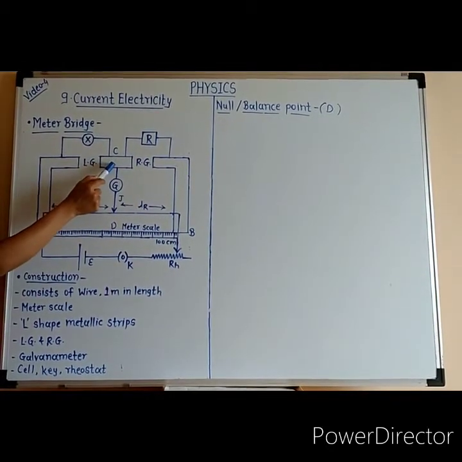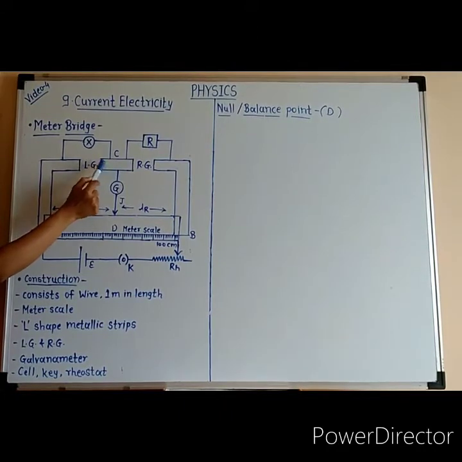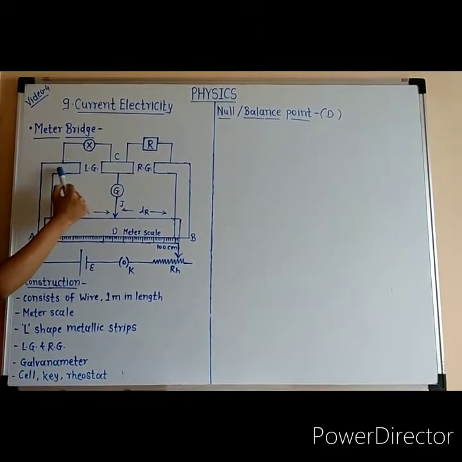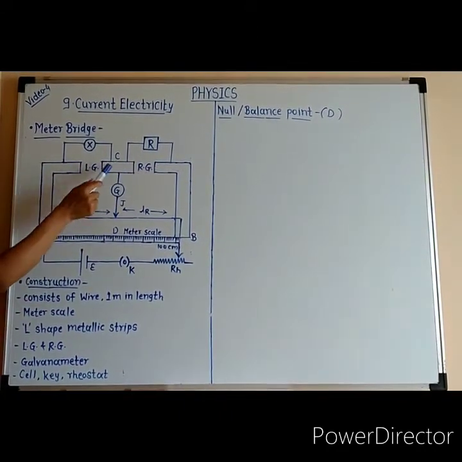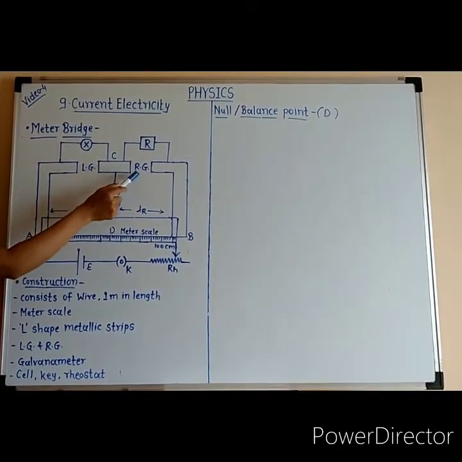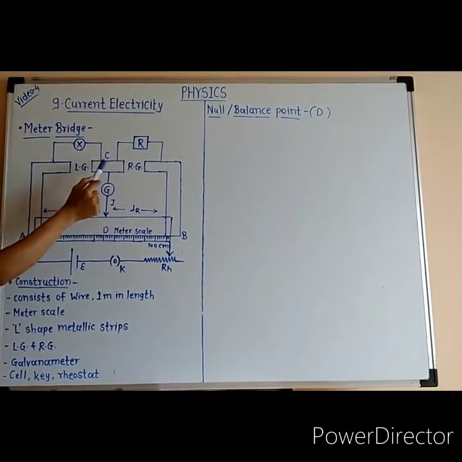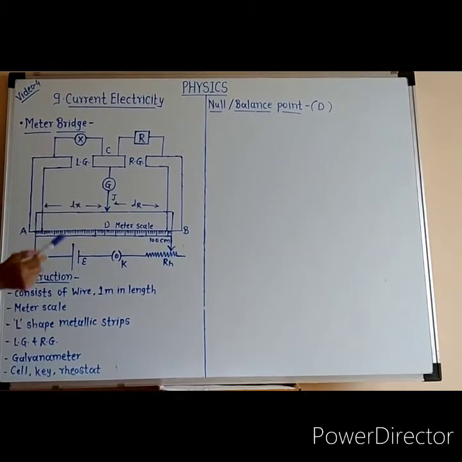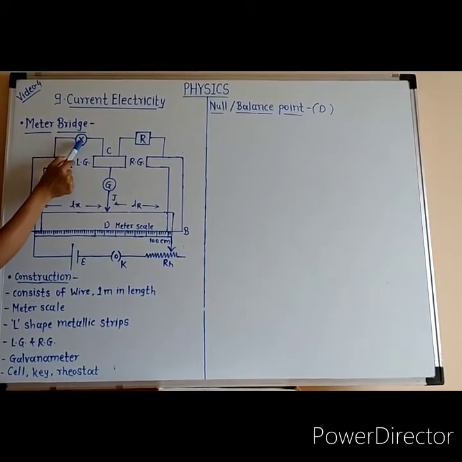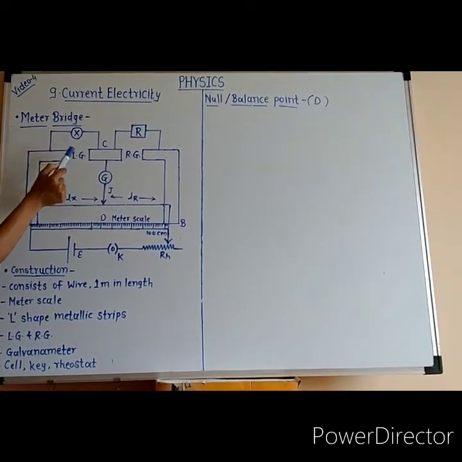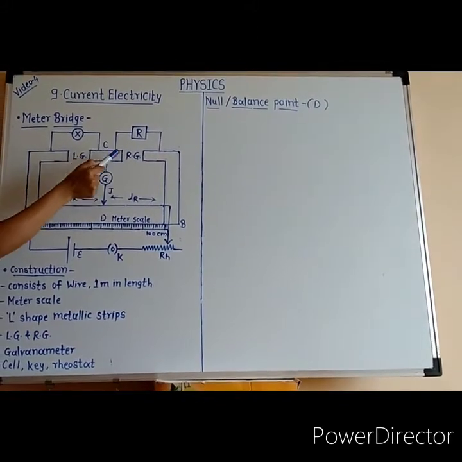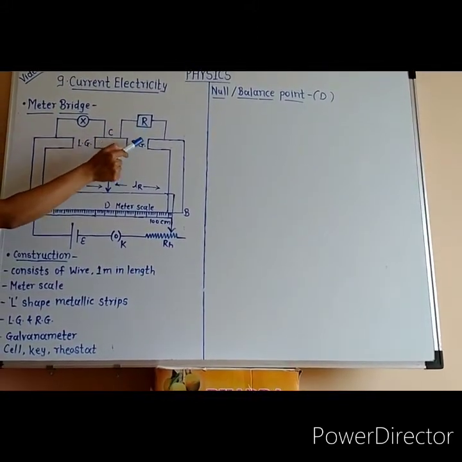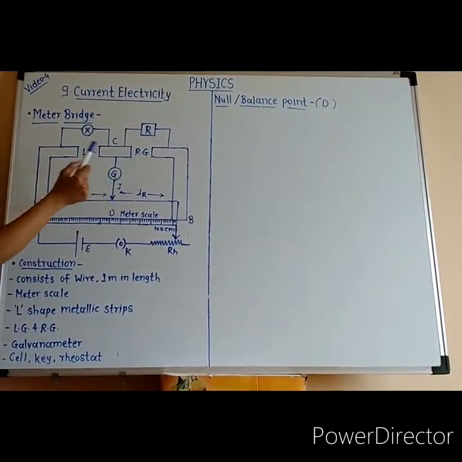Here is the central metallic strip which separates the two L-shaped metallic strips, which leaves two gaps, that is the left gap and the right gap. Usually the unknown resistance X is connected in the left gap and the resistance box is connected in the right gap.